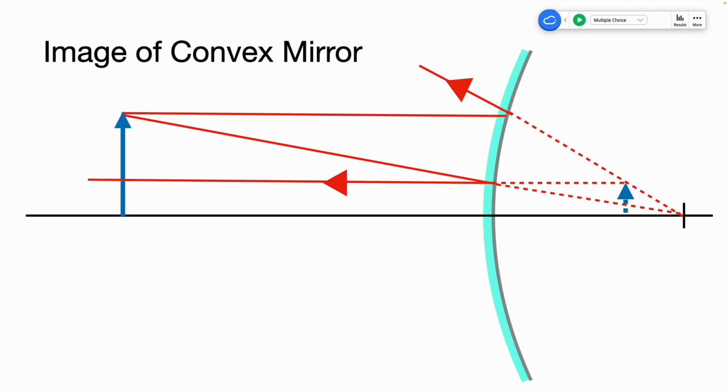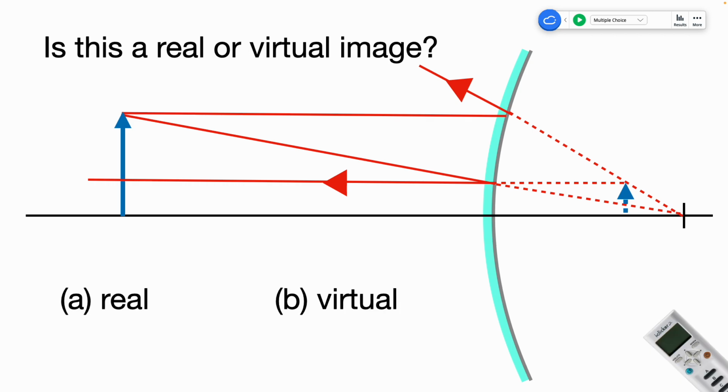Alright, now, question time. Is this a real image or a virtual image? A real image is an image like this, in which the light actually passes through the point where the image is formed.